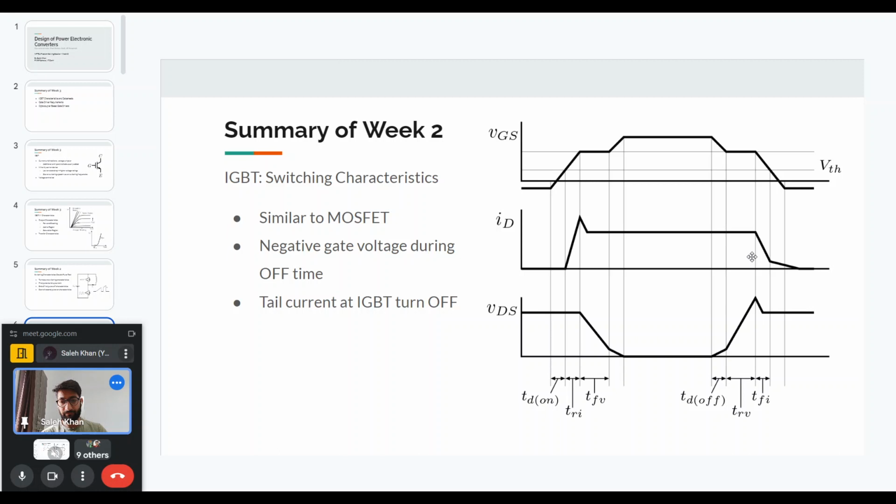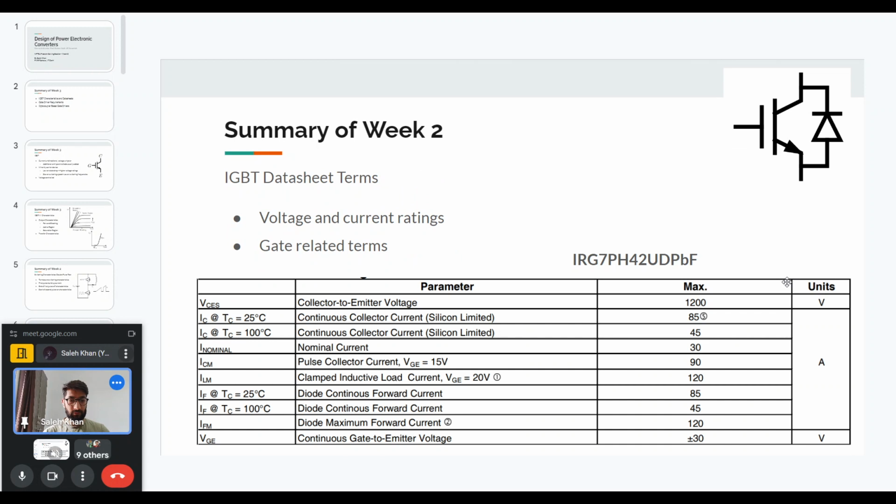So next we can come to the datasheet terms very quickly. So again, by now you should be familiar with these terms. So there will be the voltage breakdown, there will be the continuous current at different temperatures, there will be pulse current values, and the diode, which is a separate diode that is added.